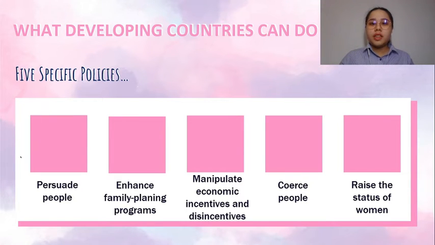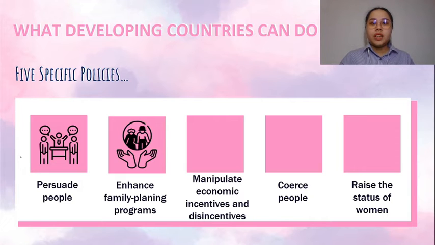Long-run development policies are essential to ultimate population stabilization, but there are 5 specific policies that can be tried by developing countries to lower birth rates in the short run. First is to persuade people to have smaller families through media and education processes, both formal and informal. Second is to enhance family planning programs to provide health and contraceptive services to encourage the desired behavior.